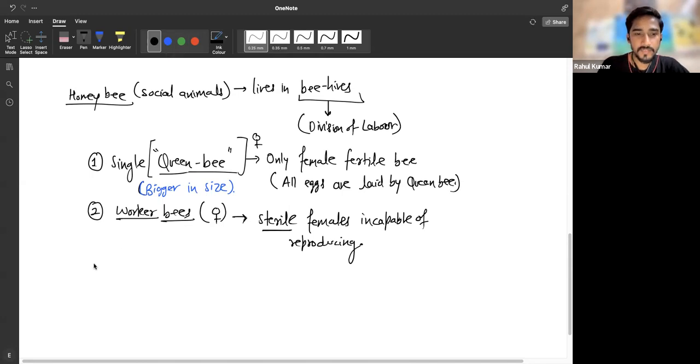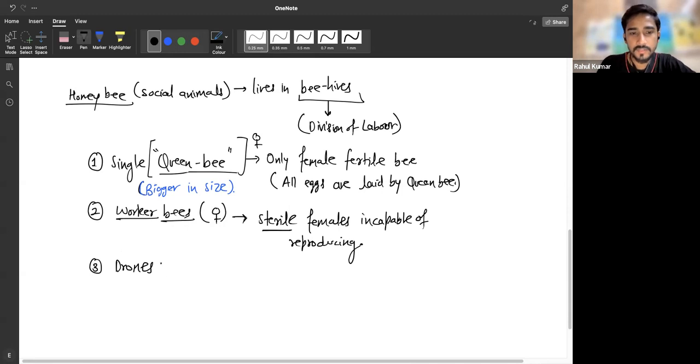Then the third kind of bees are the drones. Their only thing is to protect the hive, to look for any potential threat, to forage around and look for where the food is present, then come back and give signal to the worker bees that I found food there. So some worker bees will fly and collect the nectar and come back.